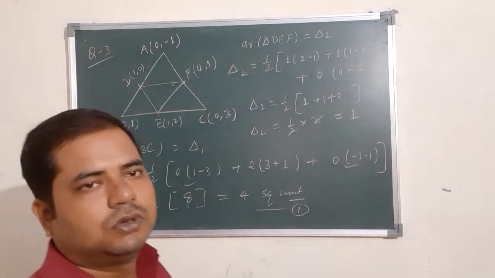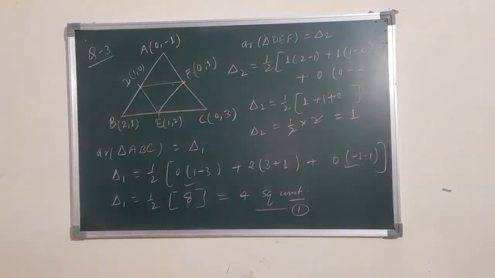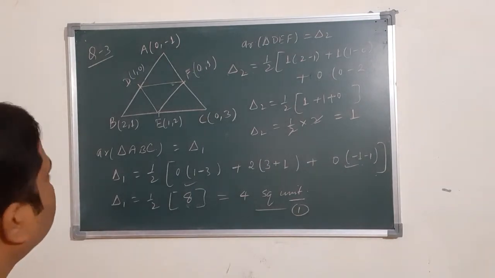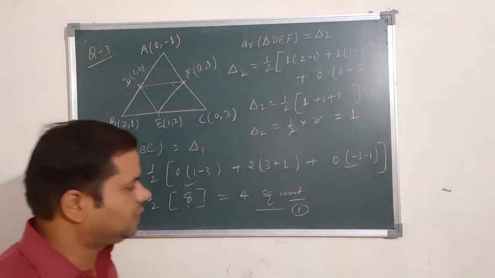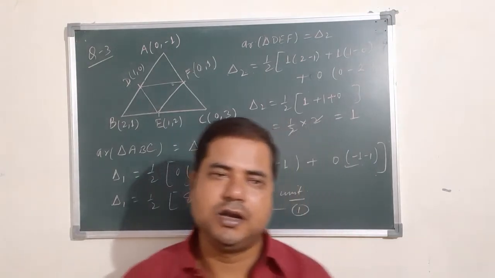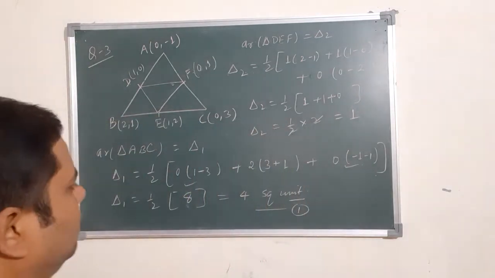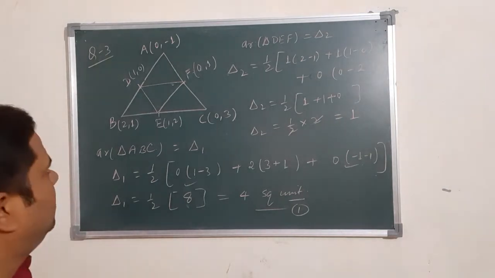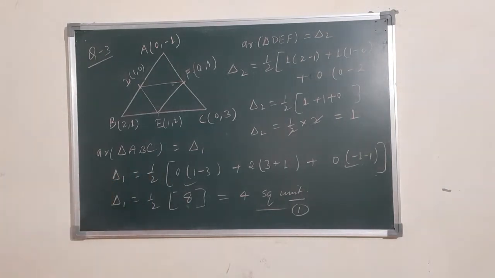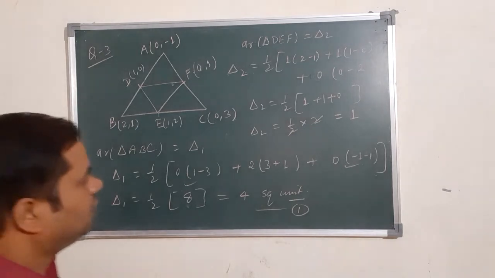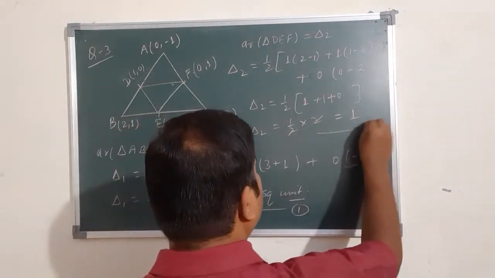Understood? So your ratio is delta 1 upon delta 2. Now we need to find delta 1 upon delta 2. So delta 1 upon delta 2 is 4 ratio 1, that means 4 upon 1. So at last I am just going to write here delta 1 upon delta 2. This is equation number 2.